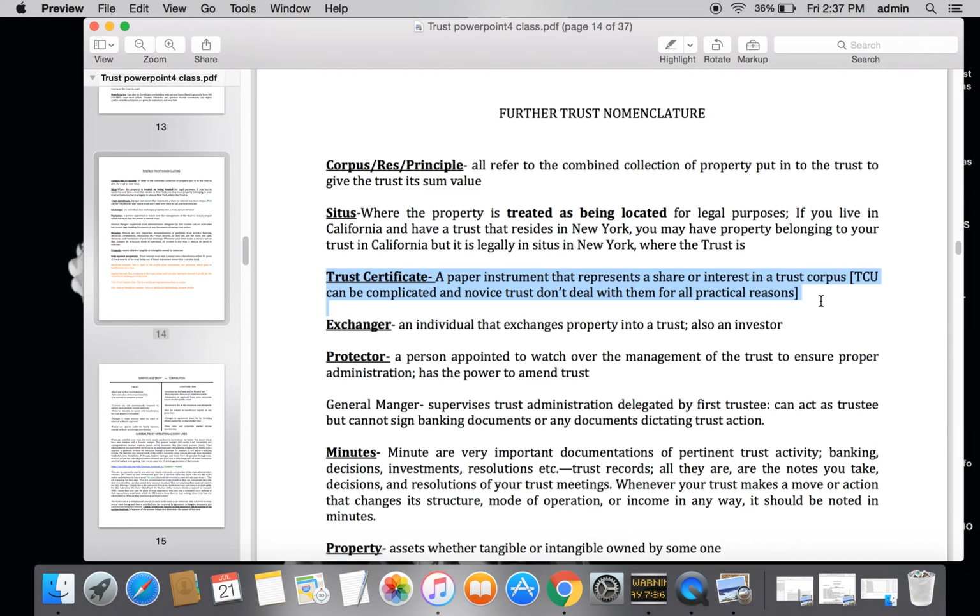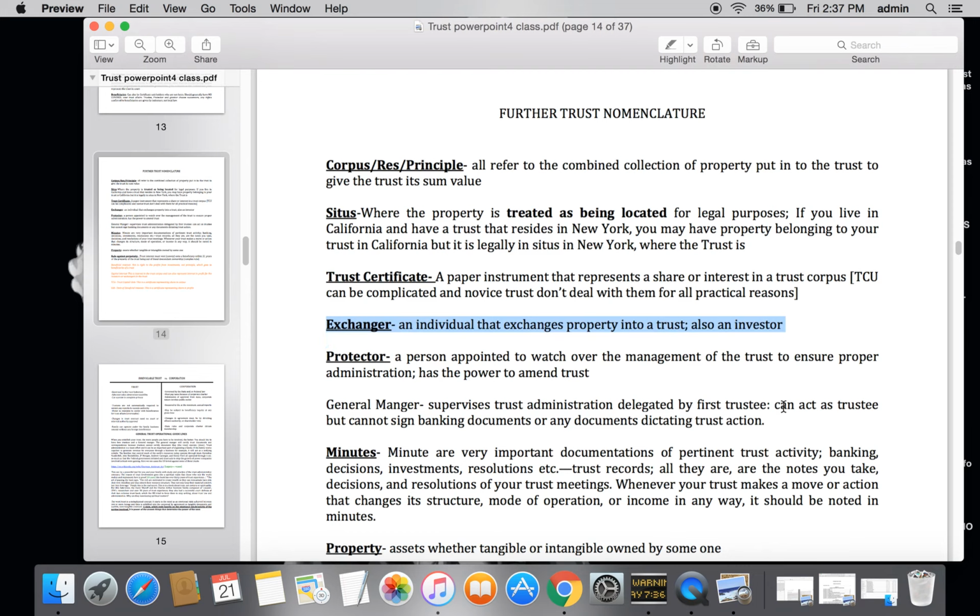But it is generally for large sums of money, millions of dollars, where you have people who are investing into your trust or exchangers, and you're going to give them instruments representing the amounts or the properties that they put into the trust. These are the trust certificates. But as I said, you generally won't deal with this in a statutory trust or on a trust on basically a novice level.